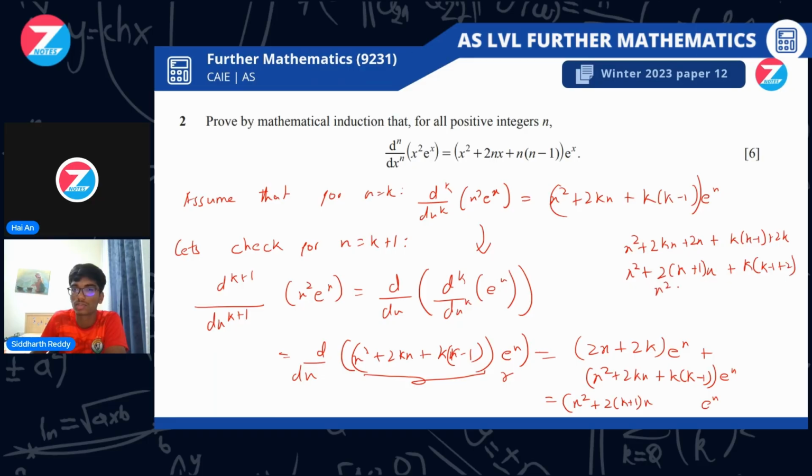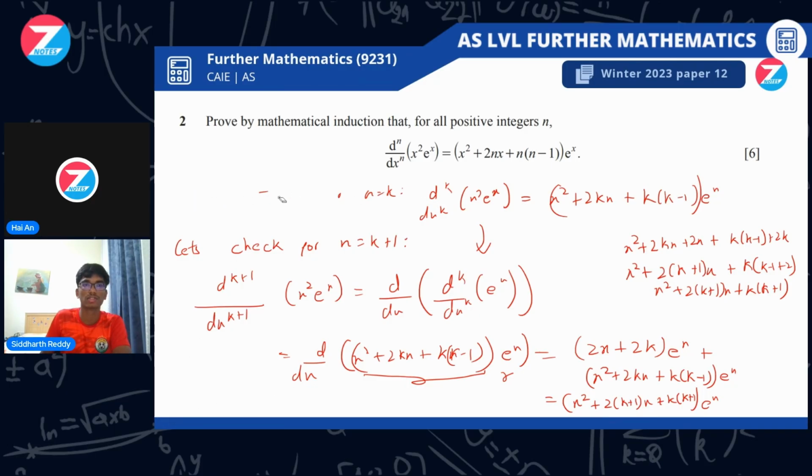So this becomes x squared plus 2(k plus 1)x plus k(k plus 1). So this is what we get by manually differentiating it.